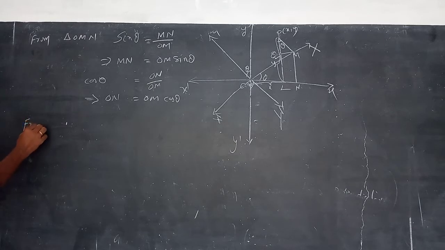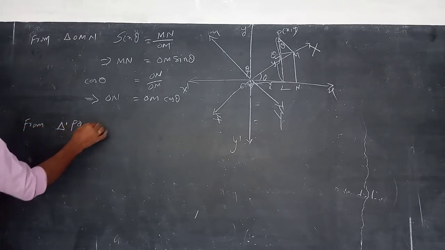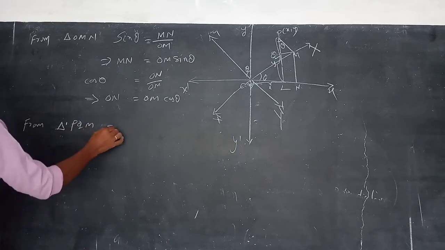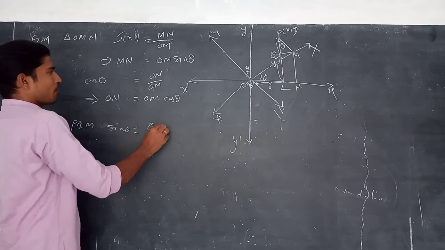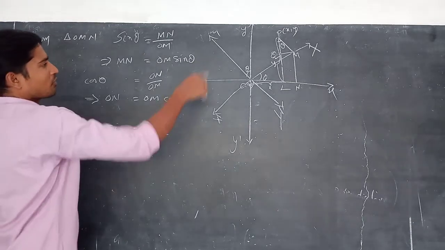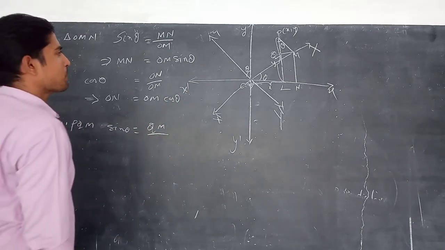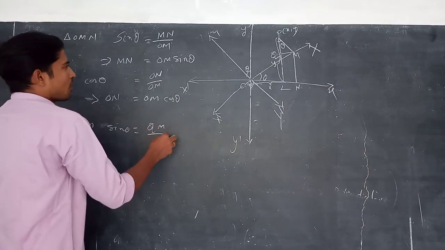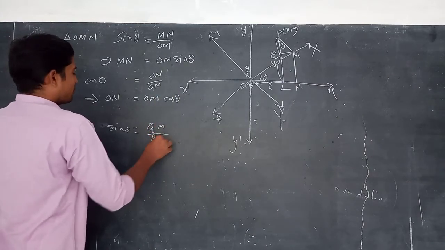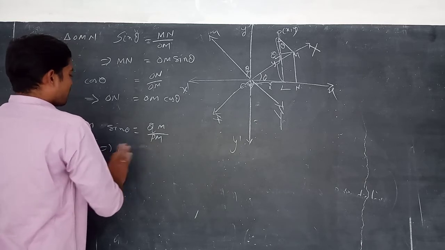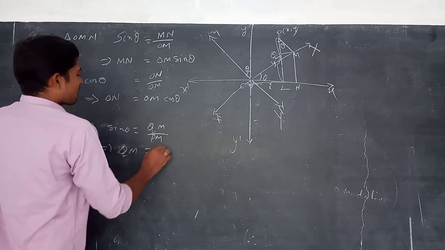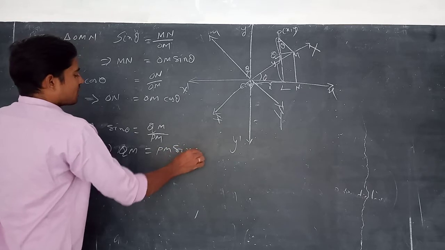From triangle PQM, sin theta equals QM by PM, that means QM equals PM sin theta, right?